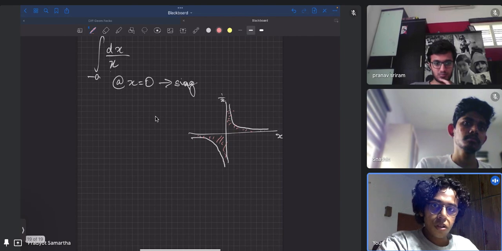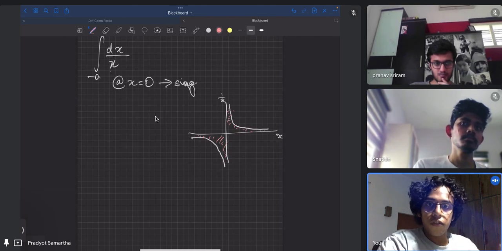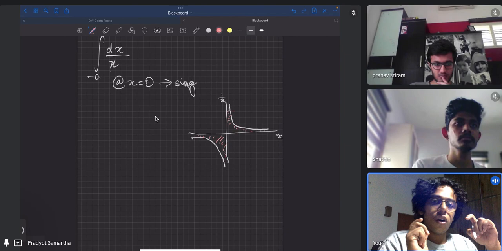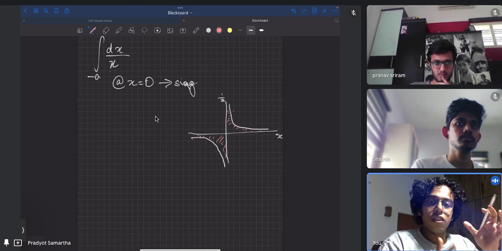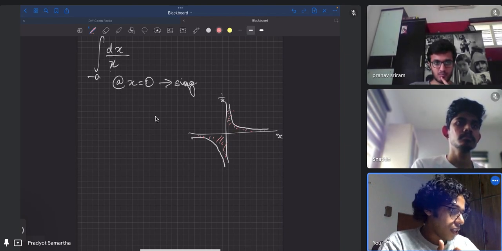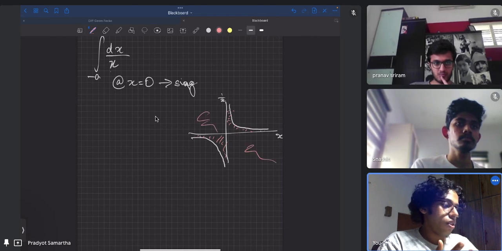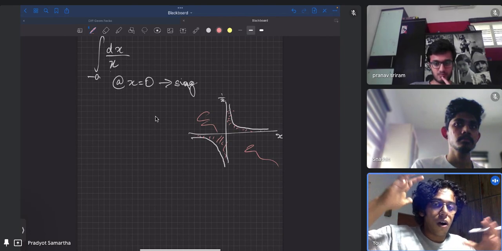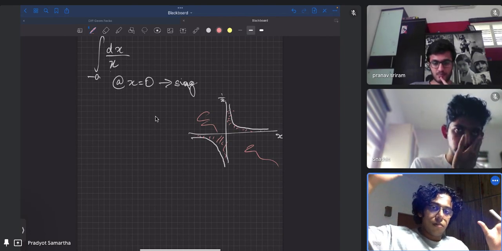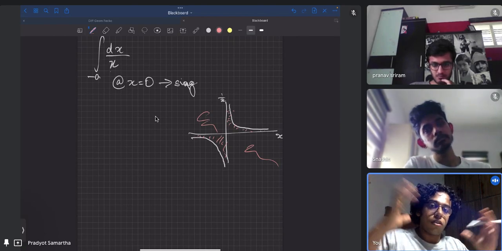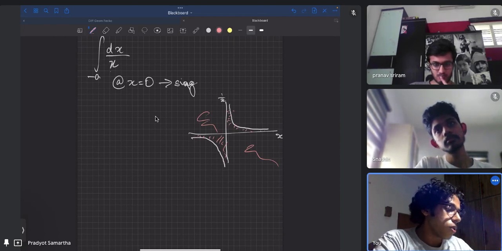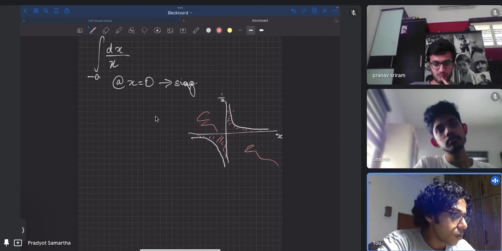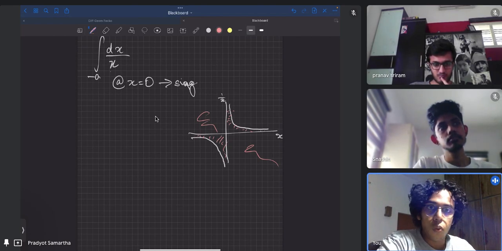Note that this is not a bounded curve, so if you don't fix some sort of a bound, you have a very weird notion of an integral. The integral just blows up to be infinite.